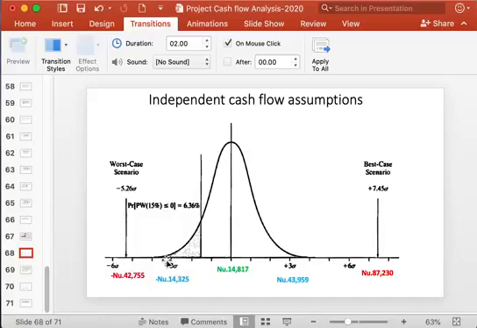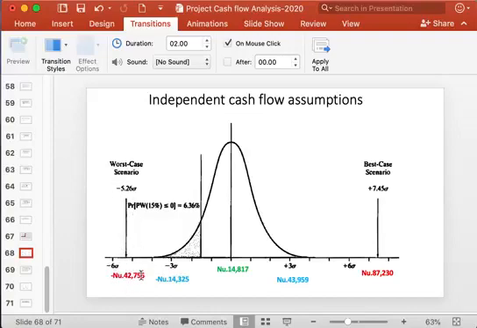But with this case where the net present worth is minus 42,755 Newton, this is way beyond this lower bound, which is minus 3 sigma.